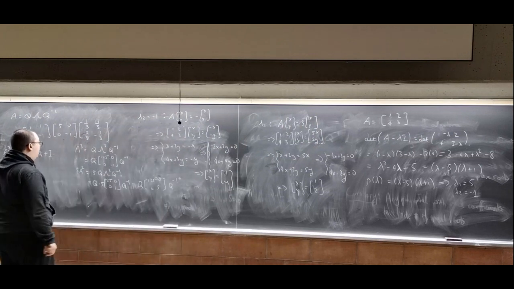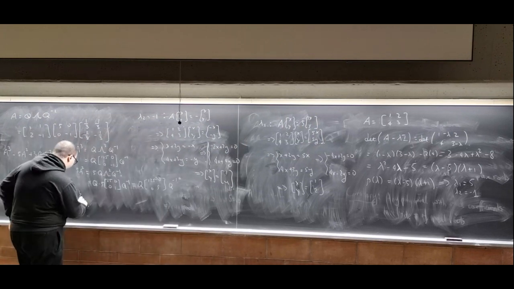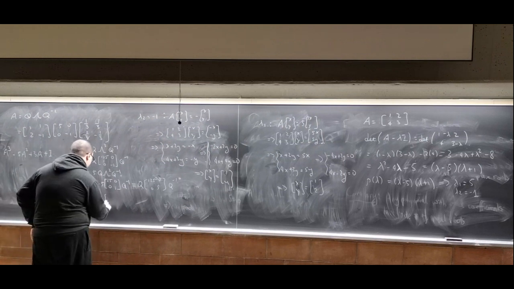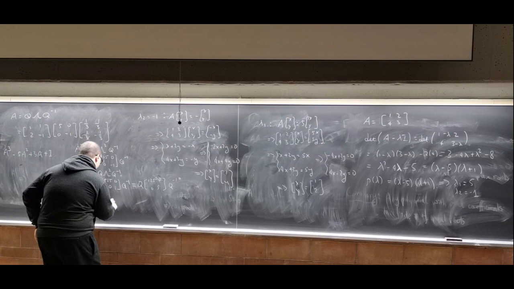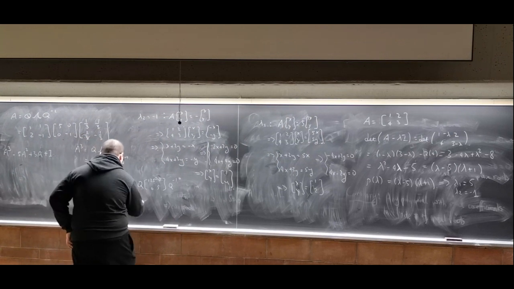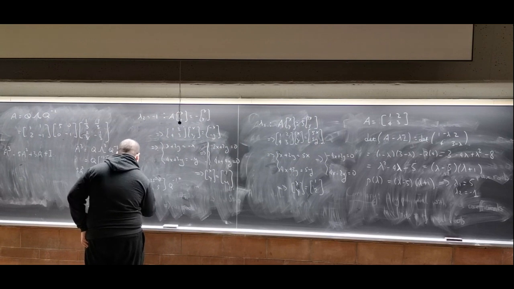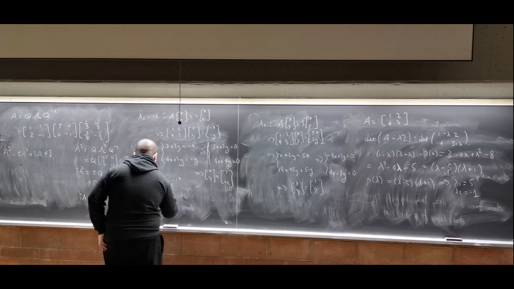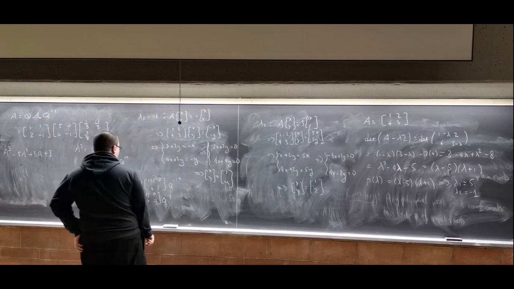And what's 3A? 3A equals Q times 3 times the inside, which is 5 and minus 1, Q inverse, which equals Q times 15, 0, 0, minus 3 times Q inverse.